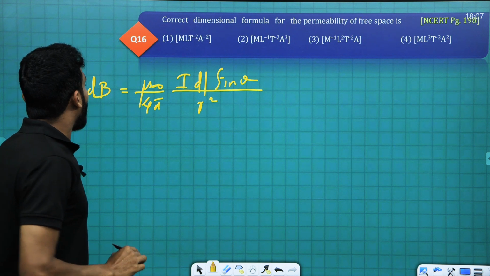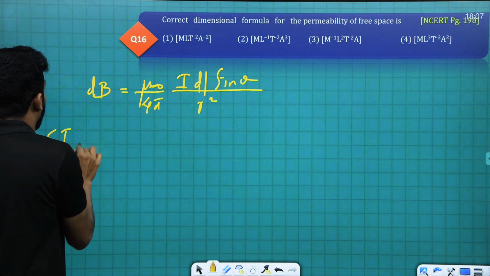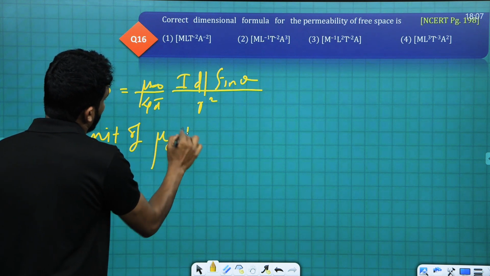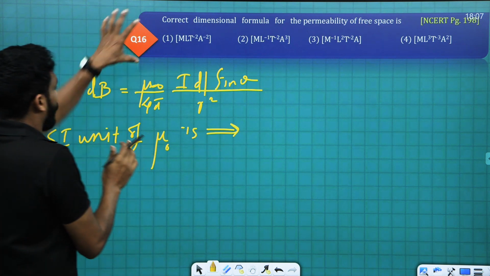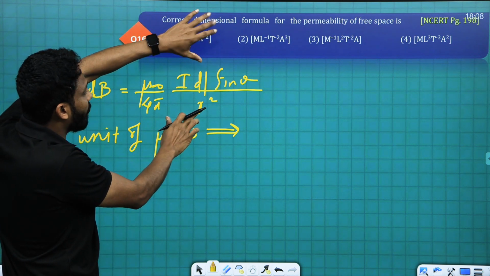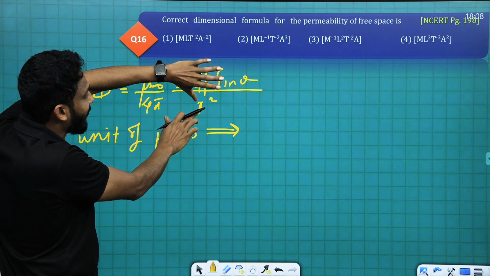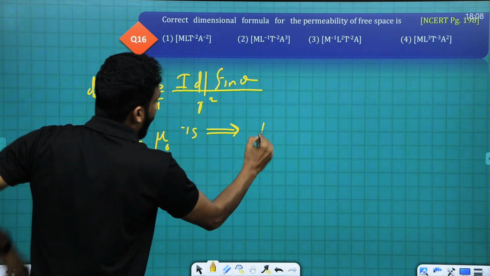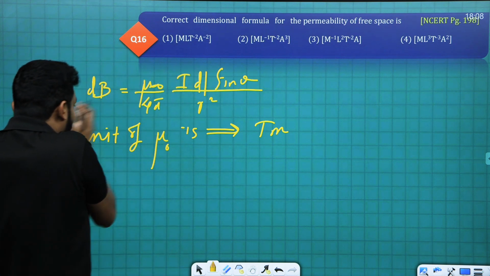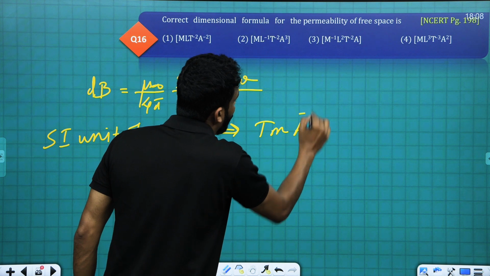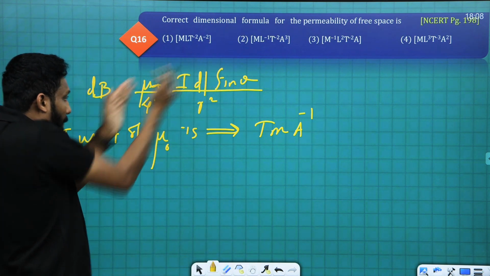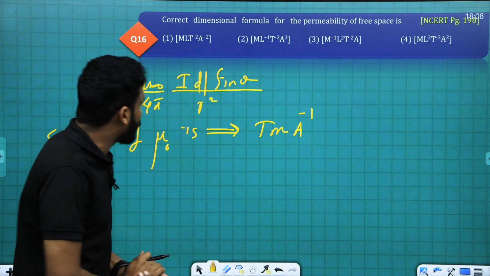Accordingly, the SI unit of mu naught is, with dB having unit Tesla, meter cancels with meter square, so Tesla meter divided by current, Tesla meter per ampere. Sin theta has no unit.